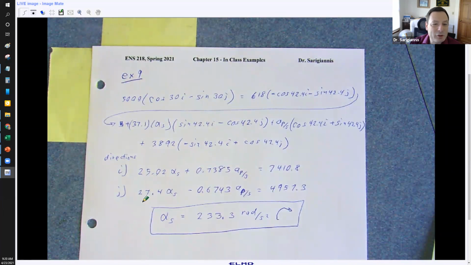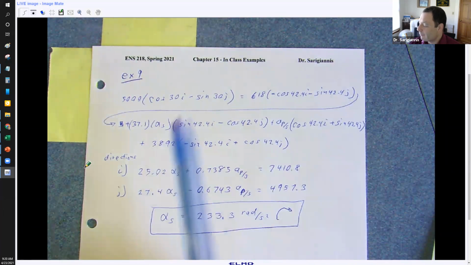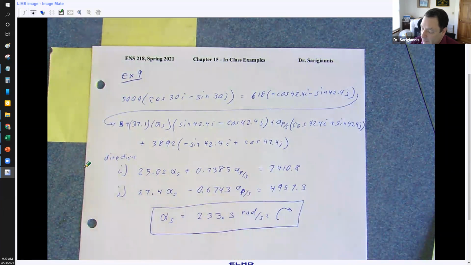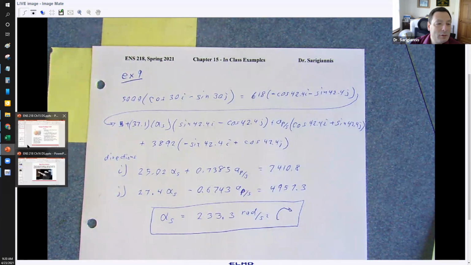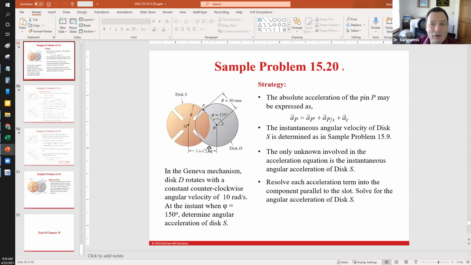I did this separately in rectangular coordinates, basically vector notation, so I wanted you to see multiple ways of solving this.